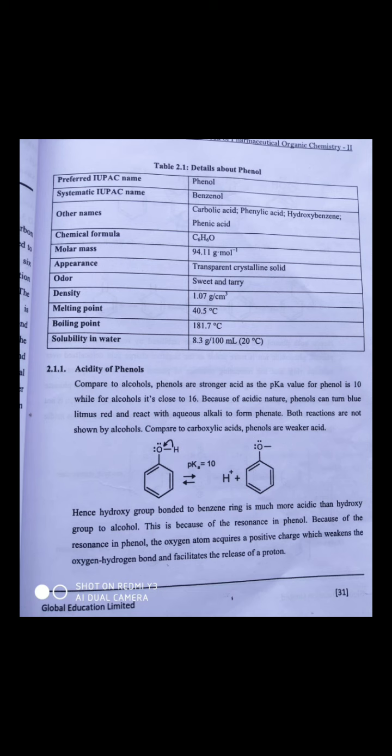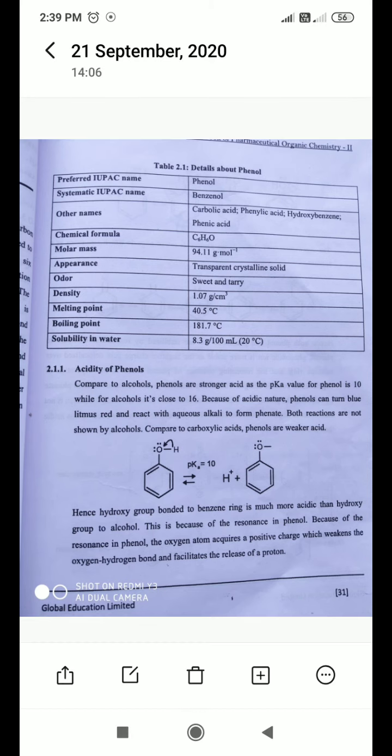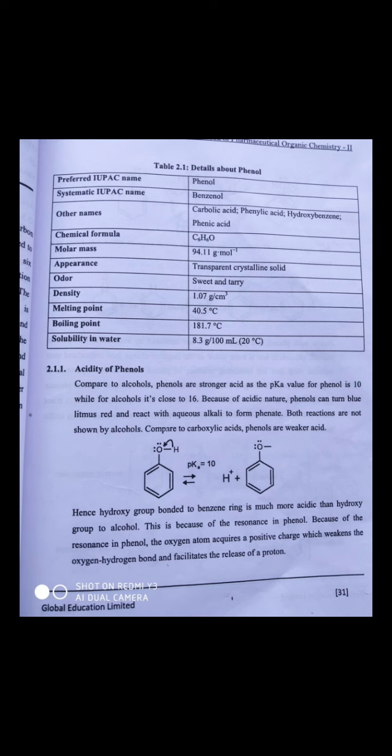C6H6. Now just keep in mind that the bond length between the hydroxyl group and the carbon atom of the benzene ring is shorter, whereas in methanol or ethanol the bond length between the carbon atom and the hydroxyl group is somewhat longer.